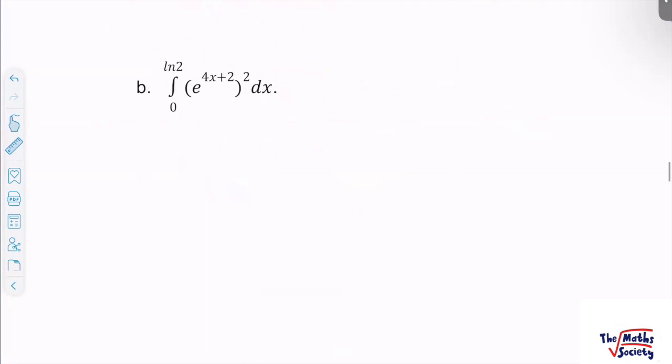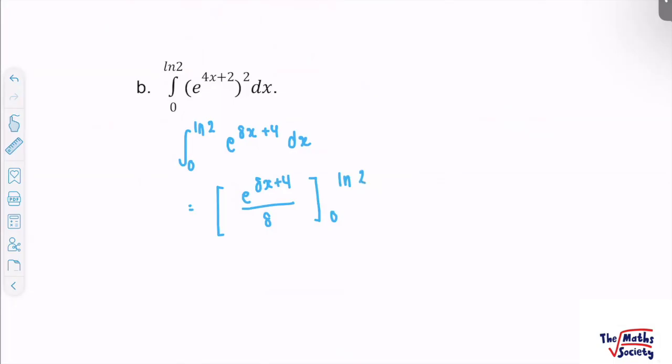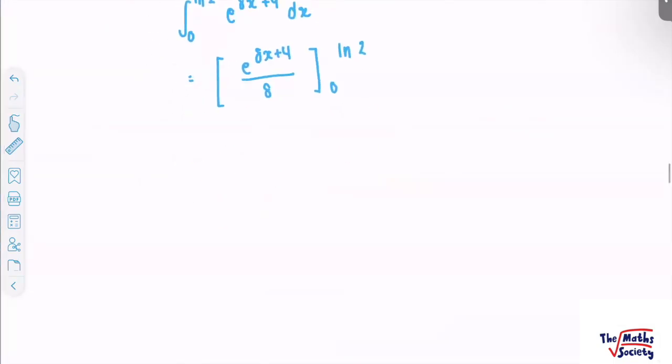And we're going to integrate the next one as well, from 0 to ln 2, e power 8x plus 4 dx. That equals e power 8x plus 4 divided by 8, with limits 0 and ln 2. So 1 by 8 e power 8 ln 2 plus 4 minus 1 by 8 e power 4.